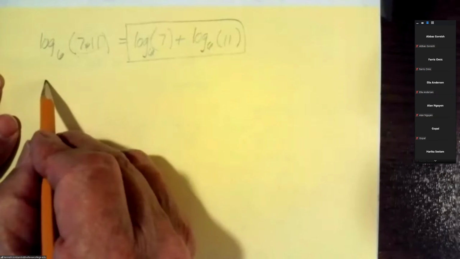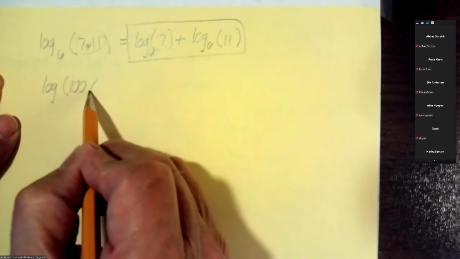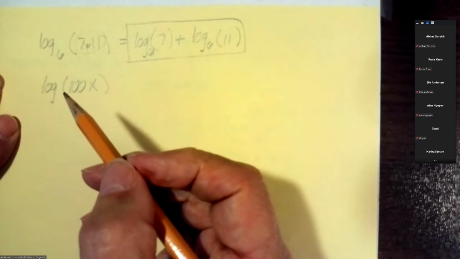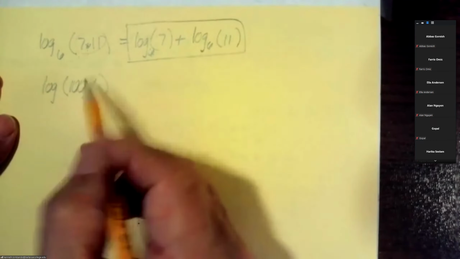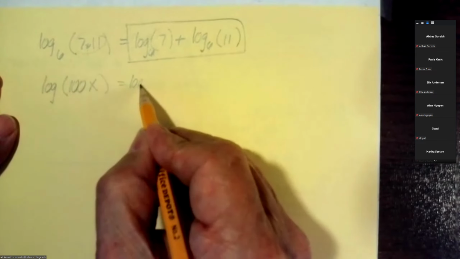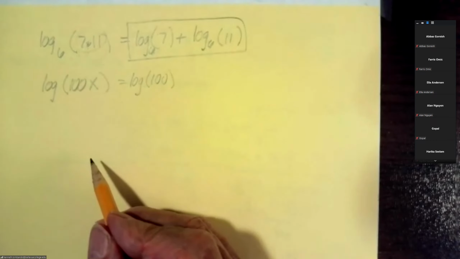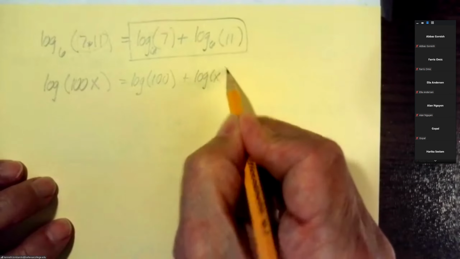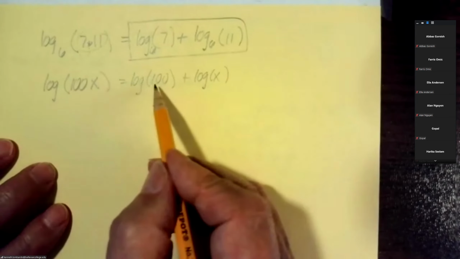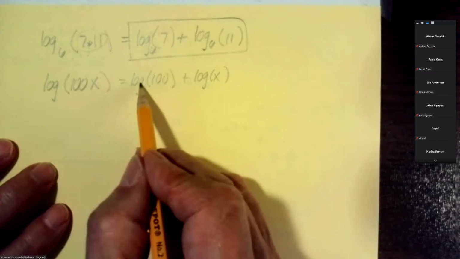Similarly, I could say log of 100x. And I might say, well, let's see, that's a product, 100 times x, so that's going to be the log of 100. And then I'm going to add to that the log of x. And you notice when I do these, a book doesn't do it, but when I do it, I put the log as a function.